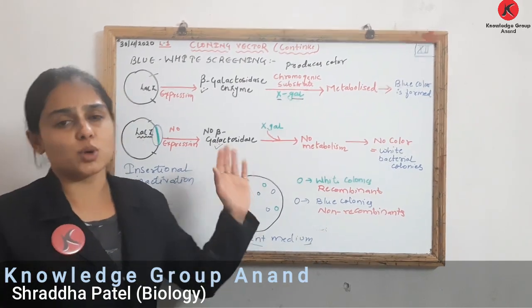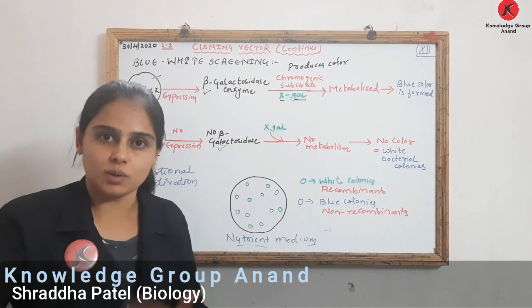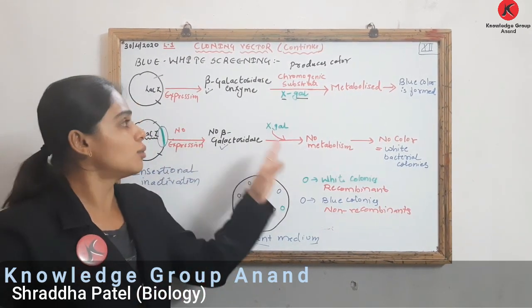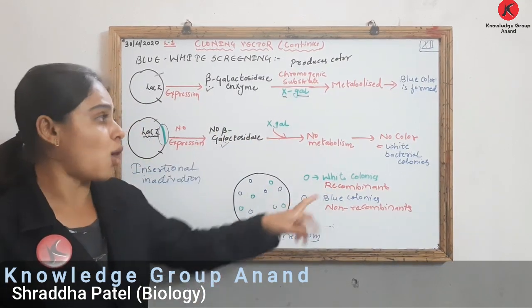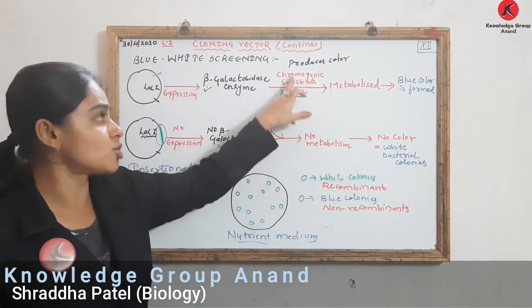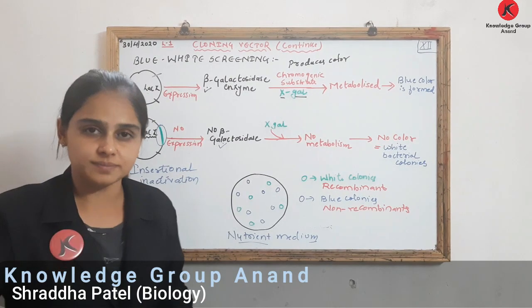So by this process you can easily separate recombinants from non recombinants. तो ये क्या हो गया आपका blue white screening. This is a very important one, okay, it is based on production of color, it is based on addition of your chromogenic substrate, simple as that.